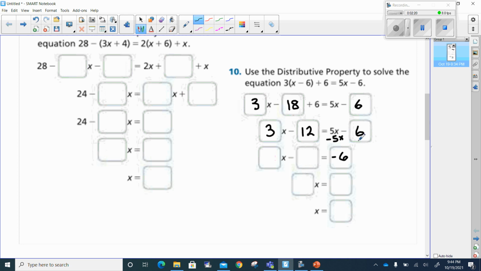And whatever I subtract from one side, I have to do the other. So 3x minus 5x is going to give me a -2x. This would still be -12.